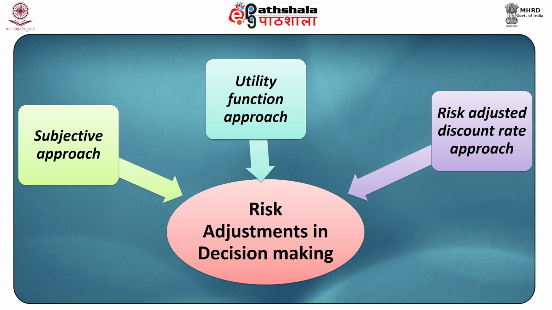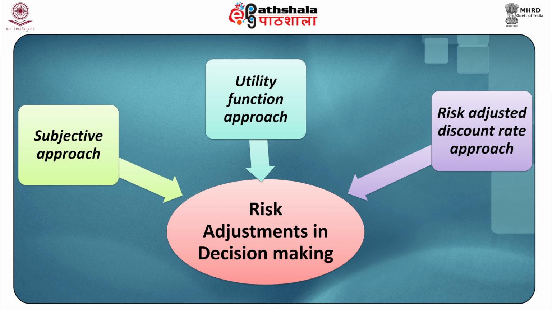That is, EU is equal to summation Ui into Pi, where Ui is the utility of the ith outcome and Pi is the probability of occurrence of that outcome. This EU is compared with the EU of another decision, and the decision maker will choose the one with higher EU, and EU equal to 0 indicates indifference.